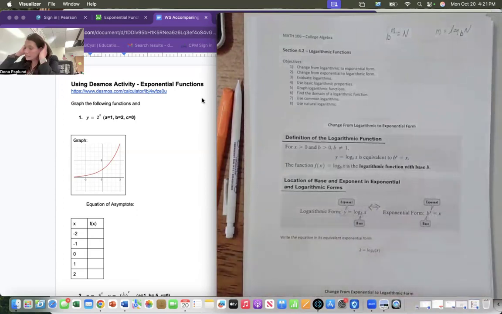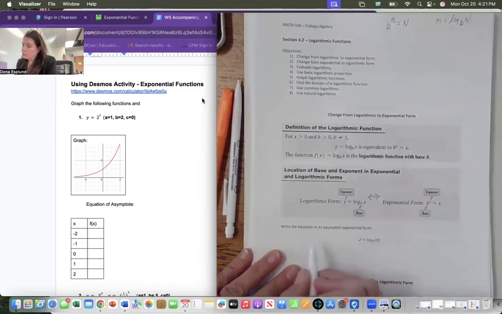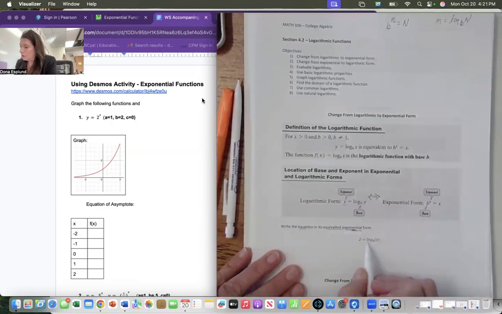Now, what that means is that when I have an equation like this, and they say write the equation in the equivalent exponential form. So this is in logarithmic form, obviously, because it has a log. This is going to be my base, so I'm going to say 9. This is going to be my power, so 9 to the second power is going to equal x.